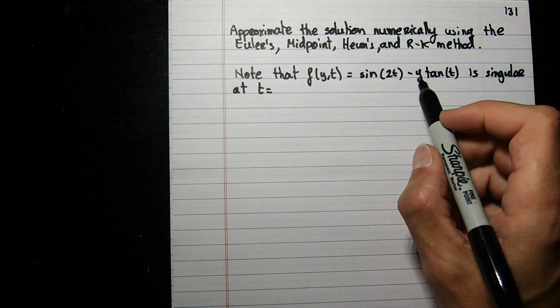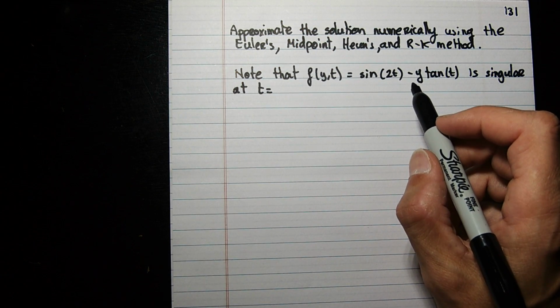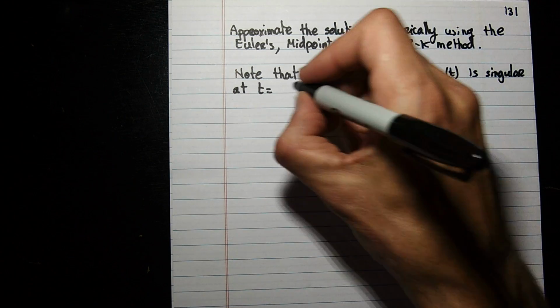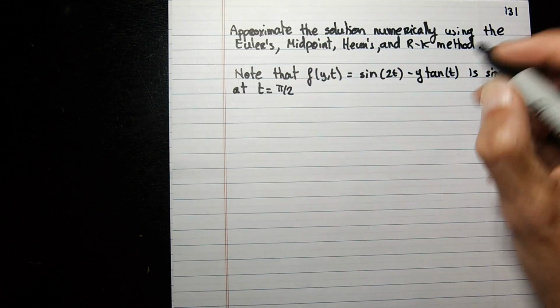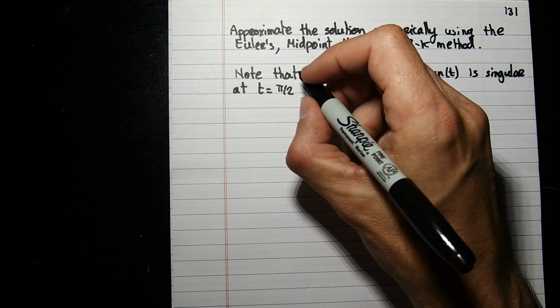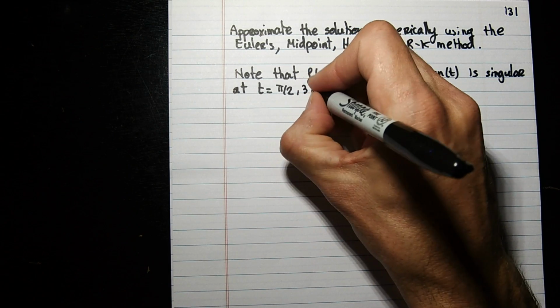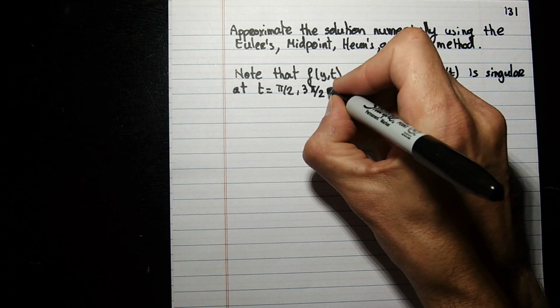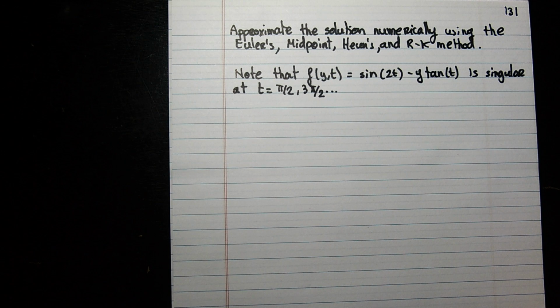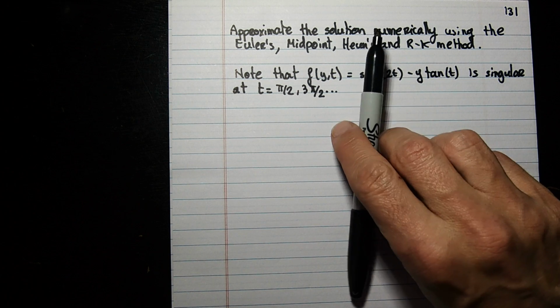When is this tangent singular? At pi over 2, 3 pi over 2, and so on. Every time you have an odd multiple of pi over 2.